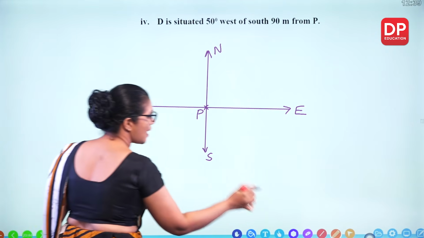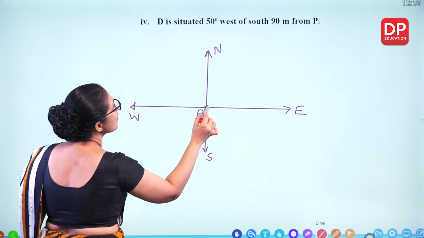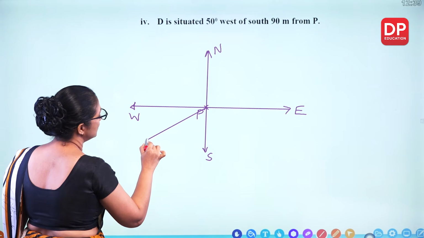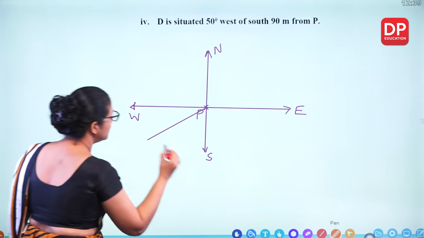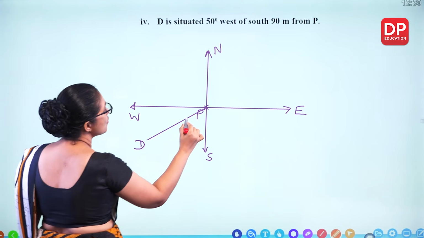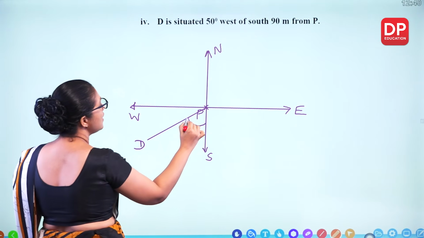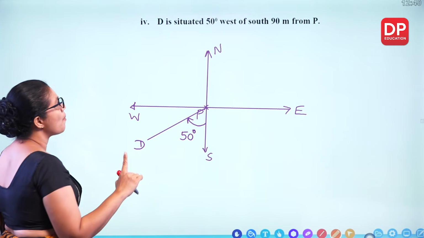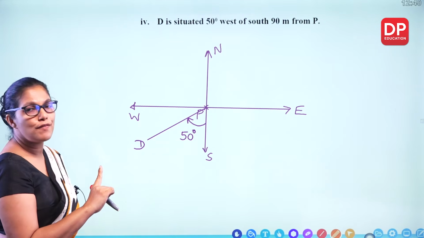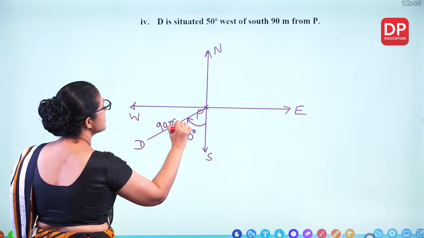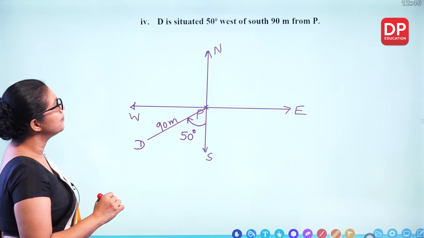So towards this side, 50 degrees from south. So this is point D. This angle is given as 50 degrees, from south towards the west side. What's the distance? 90 meters away from P.